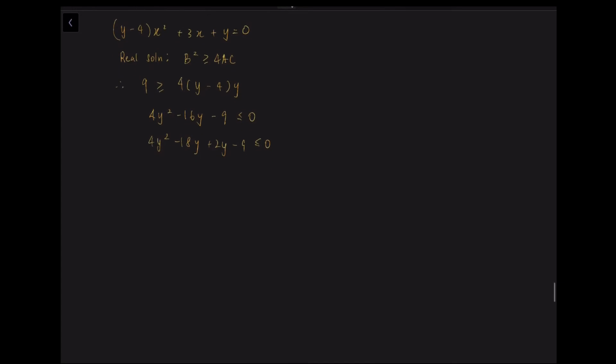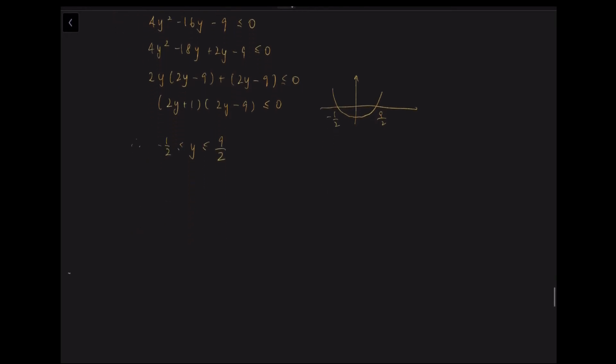Now I'm going to factorize the equation until I get a range of values of y which are real, and at the same time I can deduce the stationary point for the y values. So we can deduce that the range of y is between negative 1 over 2 and 9 over 2. So the stationary point y values are 9 over 2 and negative 1 over 2.